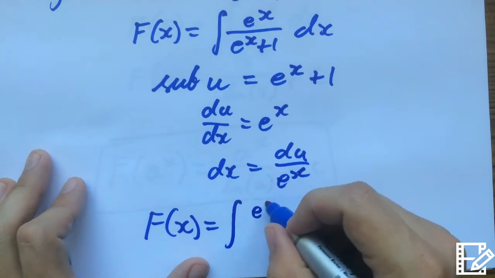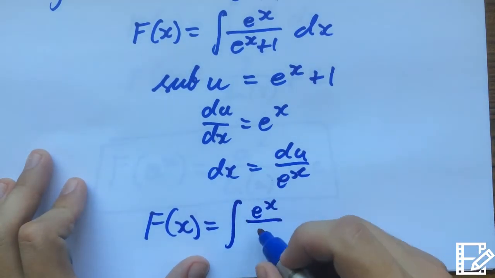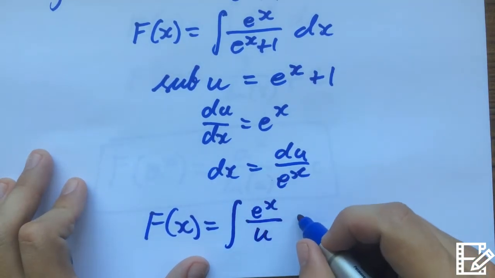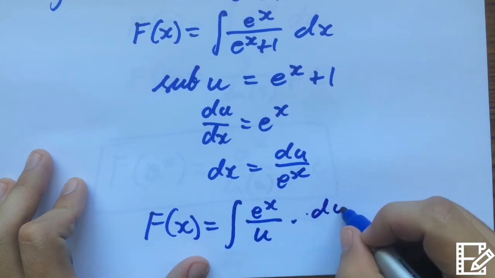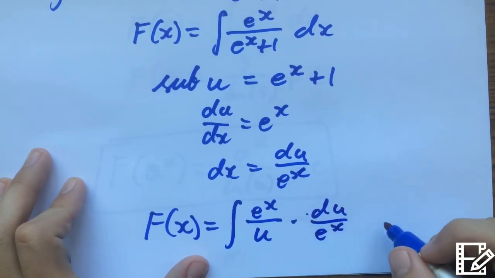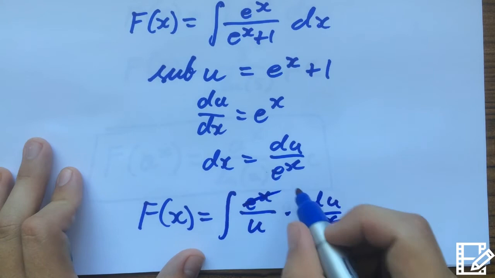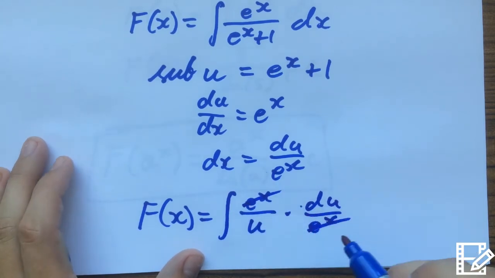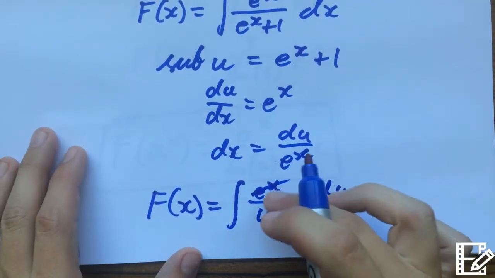the integral of e to the x on u multiplied by du on e to the x. First, we can cancel these out because e to the x divided by e to the x is 1, and all we're left with now is 1 on u.